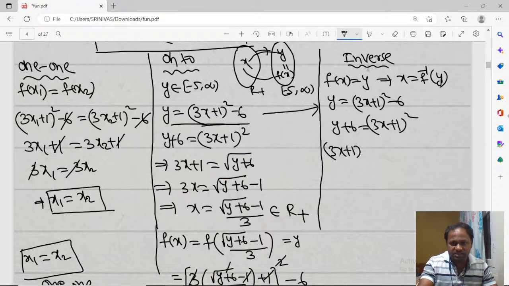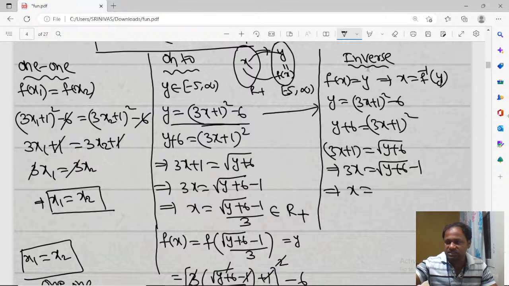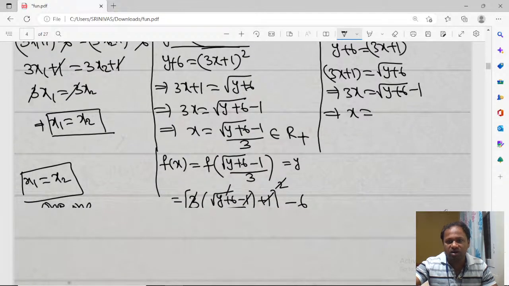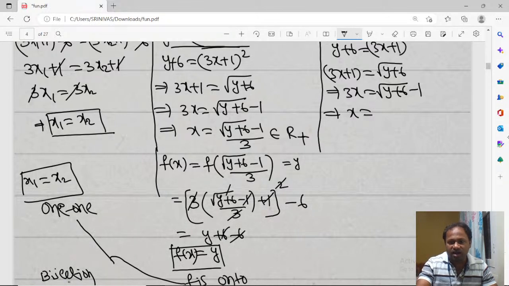3x + 1 = √(y+6). That implies 3x = √(y+6) − 1. So x is equal to, what answer do we get? (√(y+6) − 1)/3.